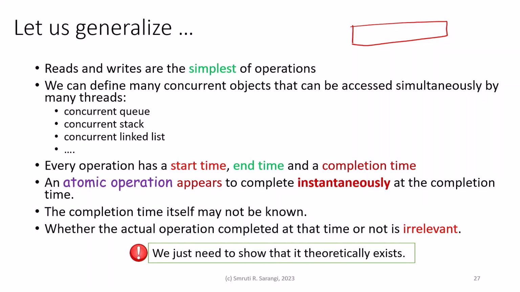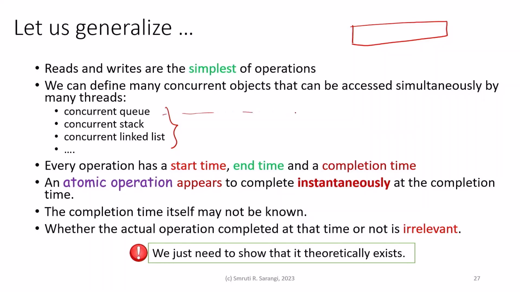But of course, given the complexities that I just explained, it will not work in the way that you think it should work. Nothing stops me from extending the definition to a concurrent queue, a concurrent stack, a concurrent linked list, given that memory, which is a concurrent array, has these issues.